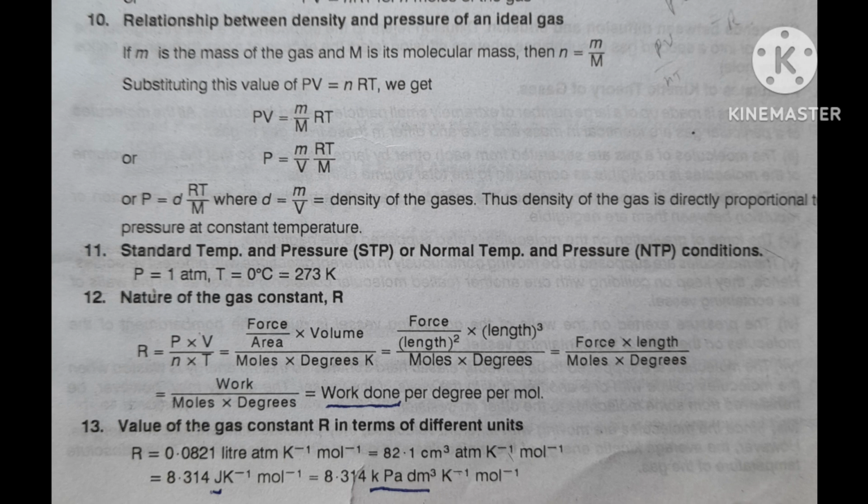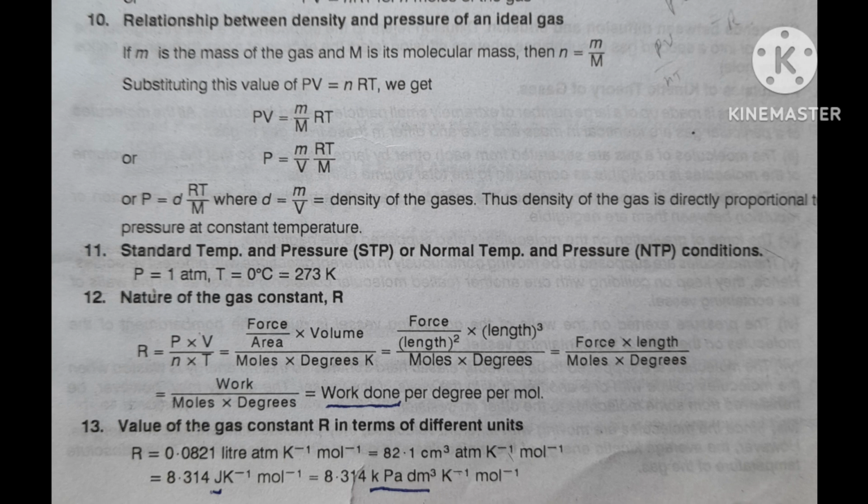Then what is the P? Just divide the right-hand terms by V. Now V is in the denominator and small m is up, so m upon V, which is the density.